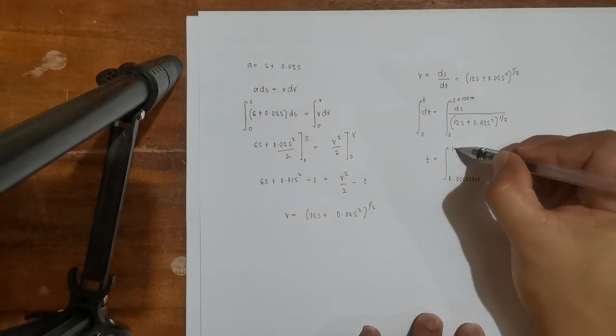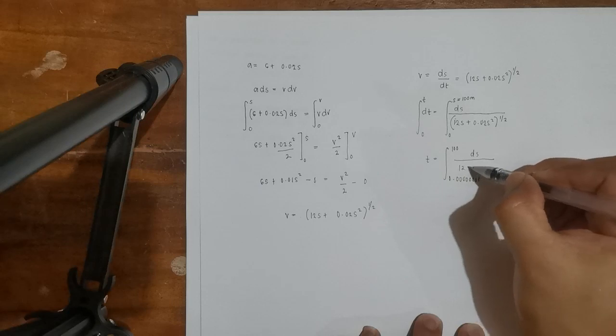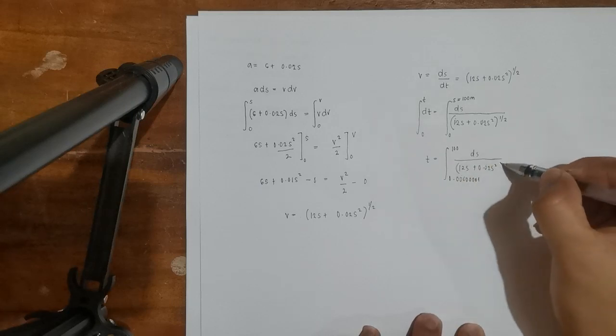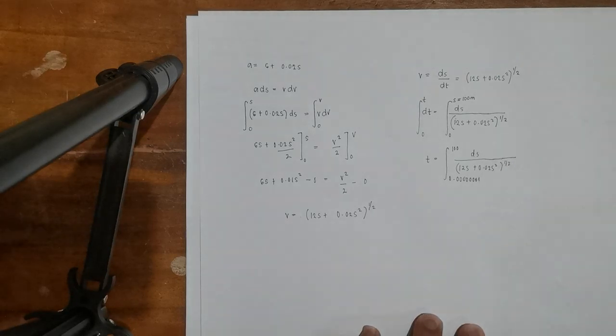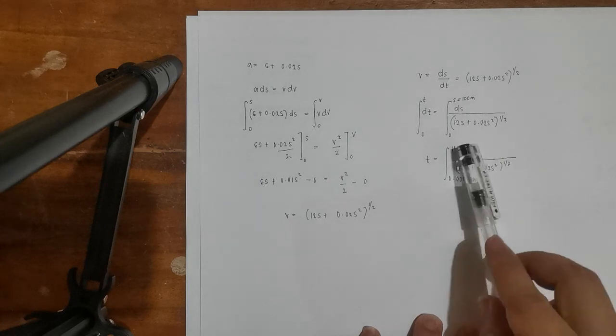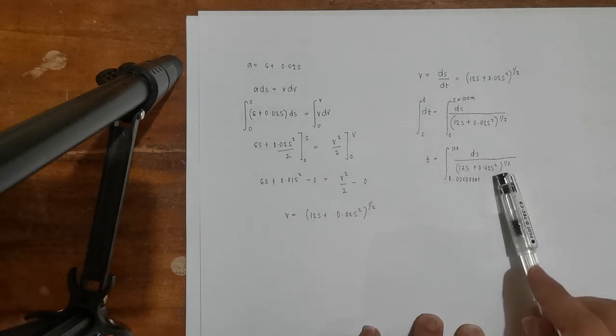Mas maganda. This is 100 meters, ds over 12s plus 0.02 s squared raised to 1/2. So, yan yung ating substitute sa calculator. Yung 100, wala nang problema doon. Kapag sinubstitute natin, may value yun and that is not 0.